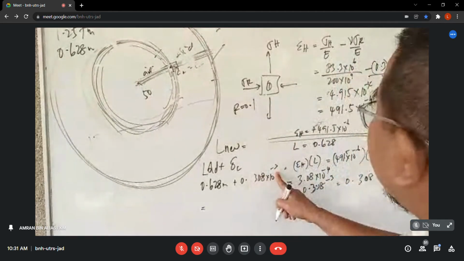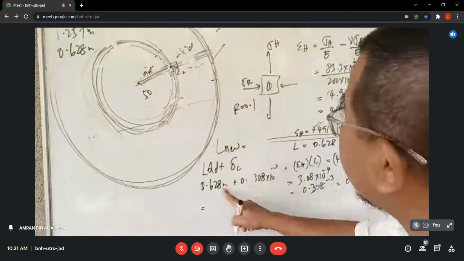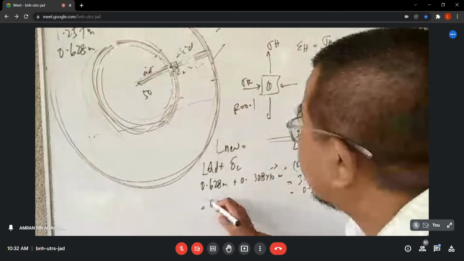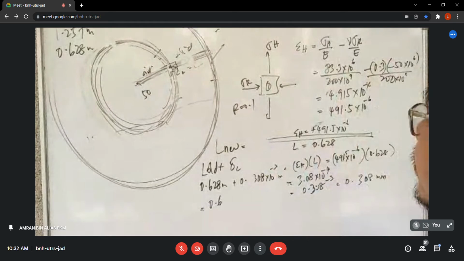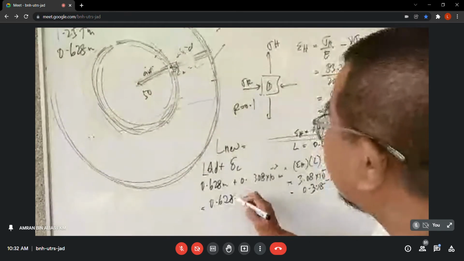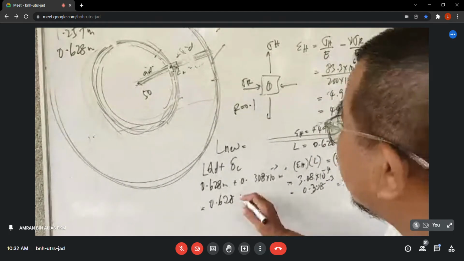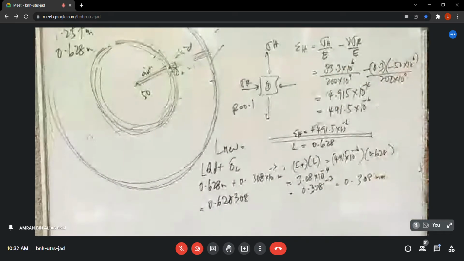This is meter, right? So what is the value there? 0.6283. Correct. Are you with me? Yes.